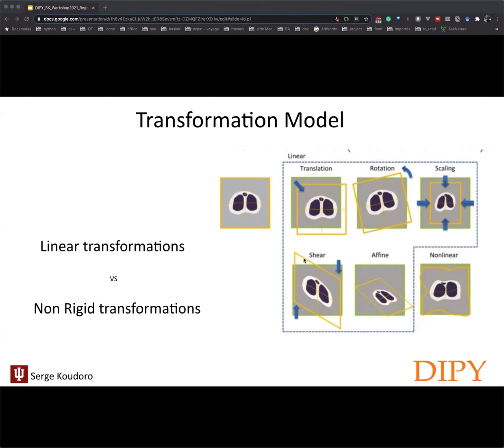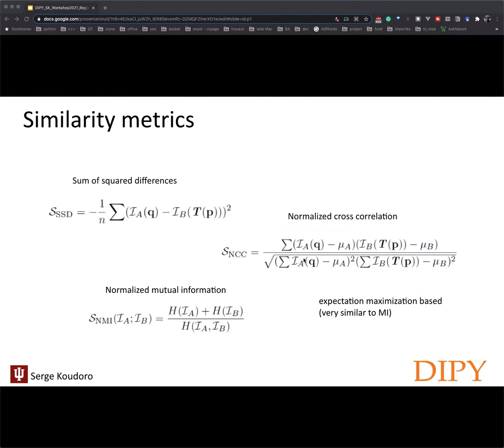The second module that we need is a similarity metric. Metrics are probably the most critical element of the registration problem. The metric quantifies the similarity between 2 volumes. It measures how well the target object is matched by the reference object after the transform has been applied to it.